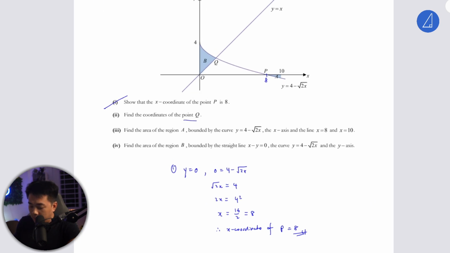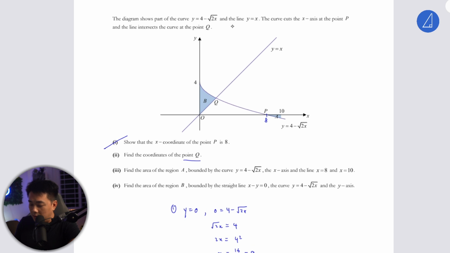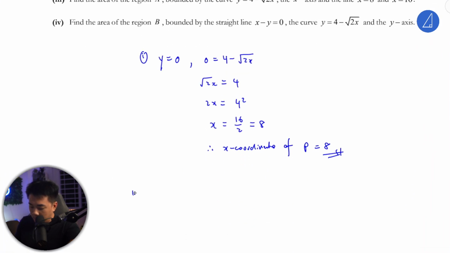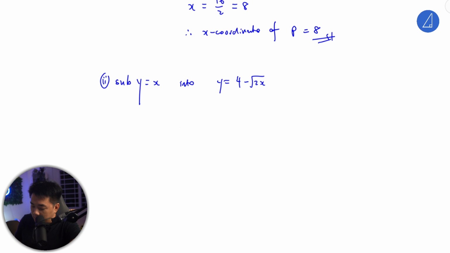Now find the coordinates of point Q. In this case, we're just going to equate both of the lines, right? We take this and equate it with this, so that we can find the coordinates of Q. I think it's not an issue also. Firstly, we substitute y equals x into y equals 4 minus root 2x. Then x equals 4 minus root 2x.